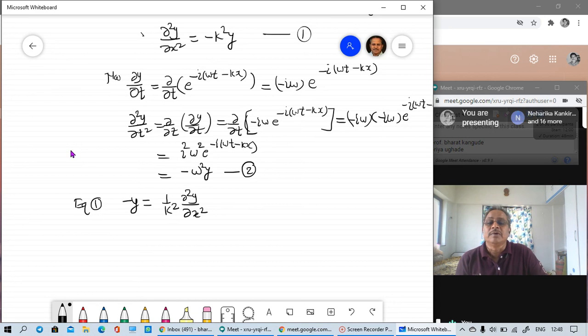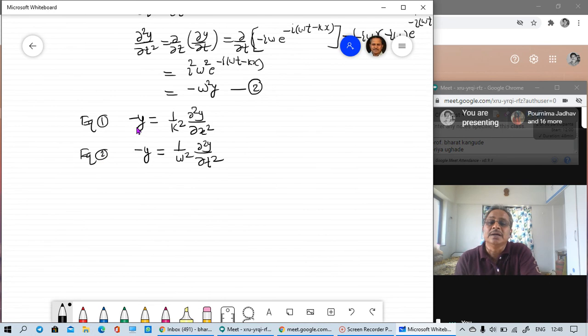And equation 2 gives, see, separate y out, this is minus y is equal to 1 upon omega square into ∂²y/∂t², isn't it? And now see here, left hand side of equation 1 and left hand side of equation 2, these are identical, so I can equate right hand sides of these.